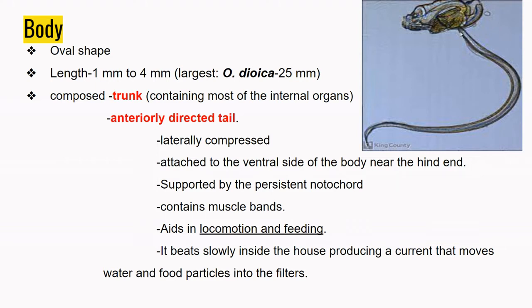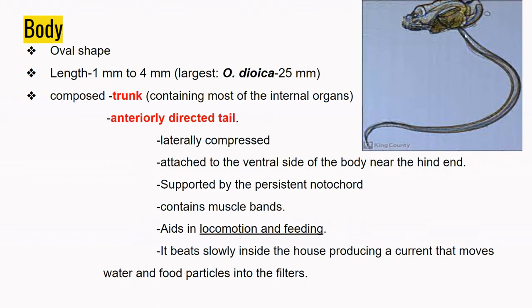The body is composed of two structures, that is the oval trunk, and the tail, which is directed anteriorly. So here is the mouth, which we expect to be the anterior portion of the organism. So the tail is directed anteriorly. And the trunk region comprises most of the internal organs.